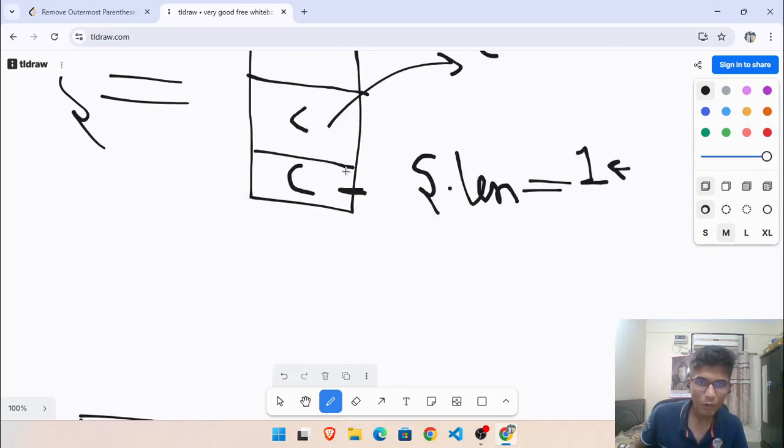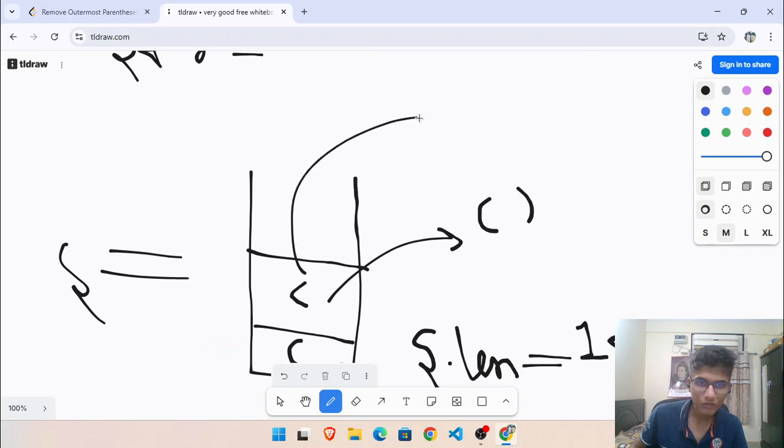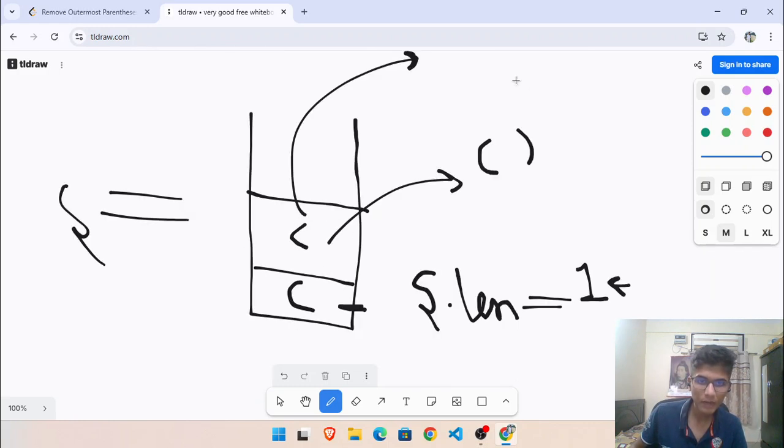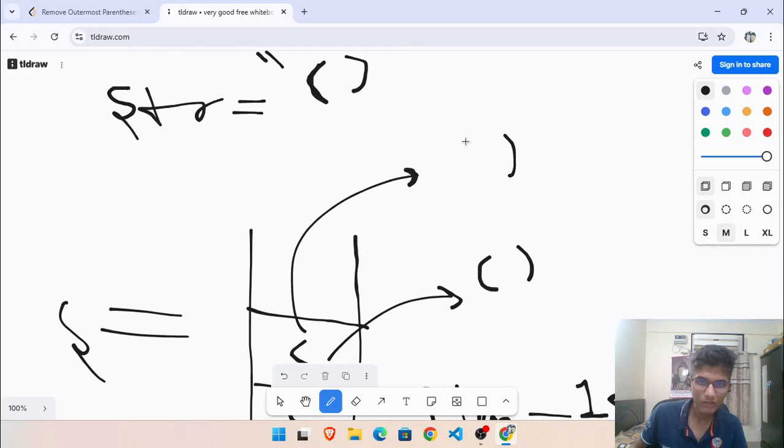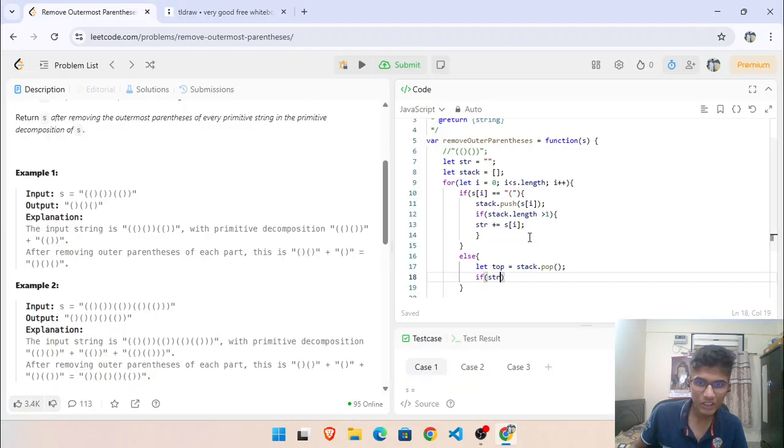If we are popping this out, we have only one bracket condition. So if this is not an opening bracket, then it should be a closing bracket. So they will match, definitely match. So we just need to pop, str dot pop, and let top store it. You know why? Because we are going to push it: str plus equals top. That's why we are storing it.